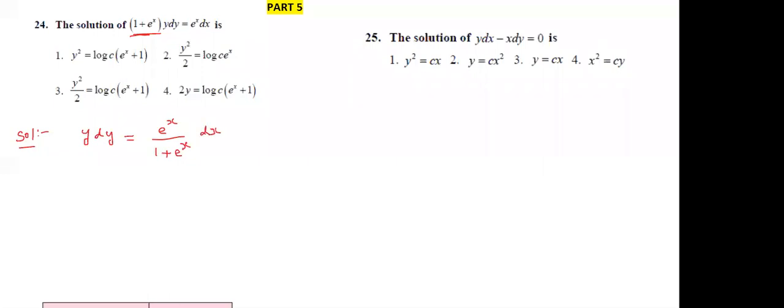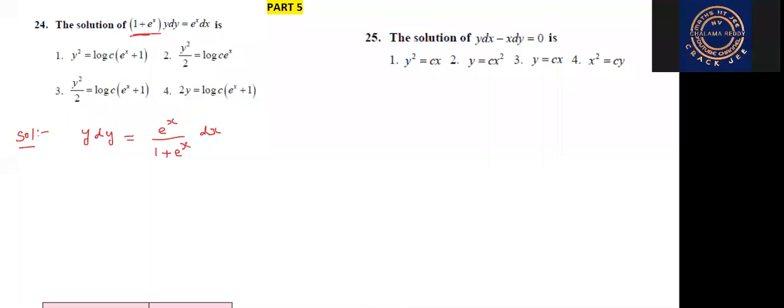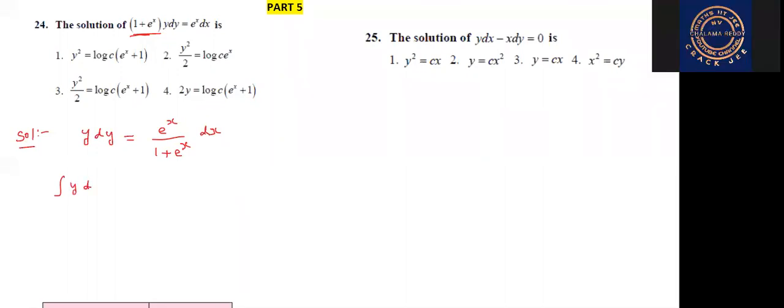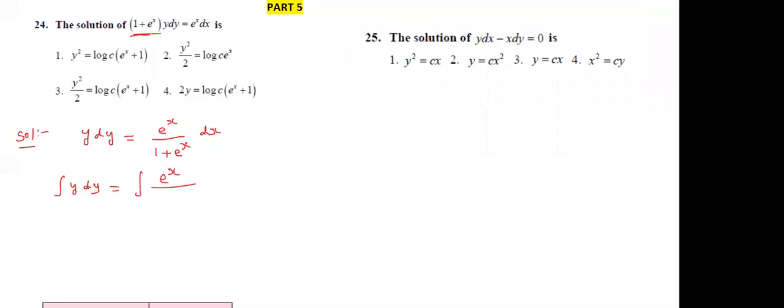So finally we have separated the variables. Apply the integration. What do we get? Integration y dy is equal to integration e power x by 1 plus e power x dx.